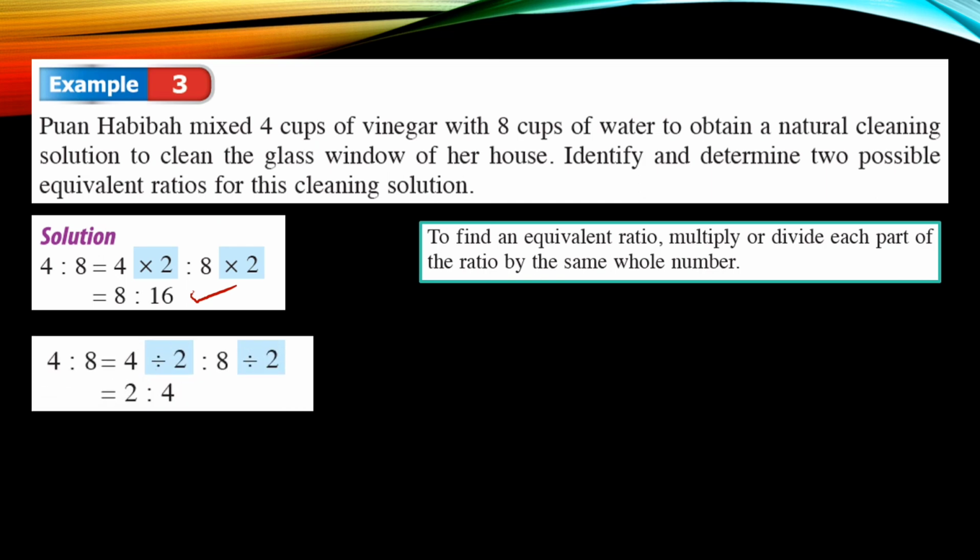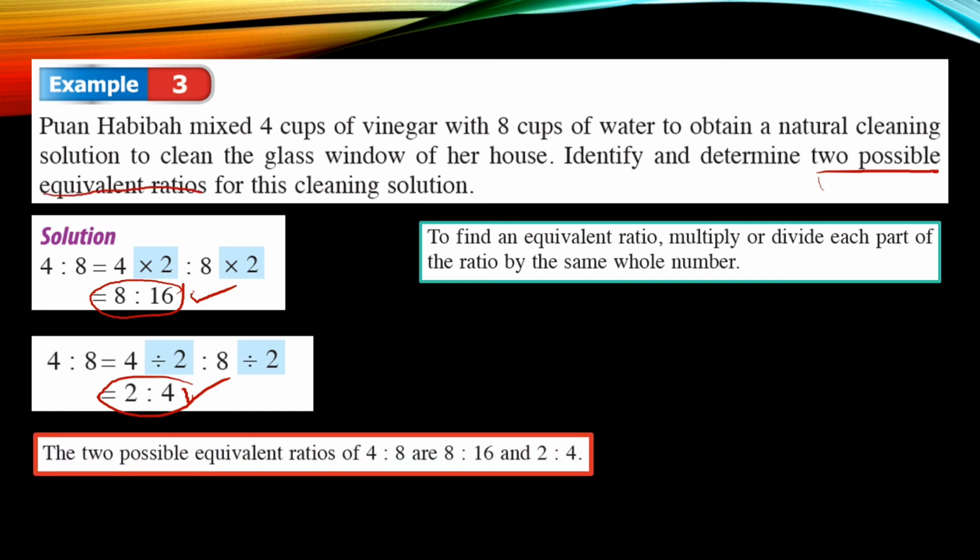Now we divide by 2. We divide both parts of the ratio by 2, we'll get 2 ratio 4. So we already have two possible equivalent ratios. The 2 possible equivalent ratios of 4 ratio 8 are 8 ratio 16 and 2 ratio 4.